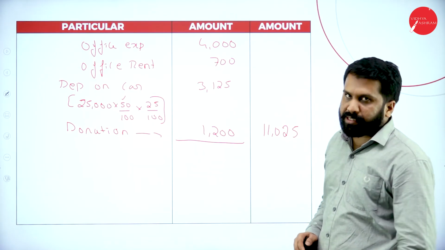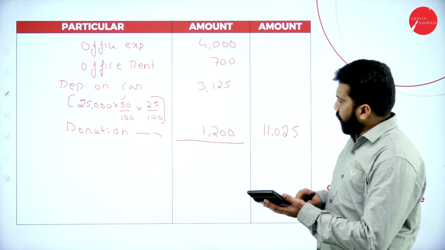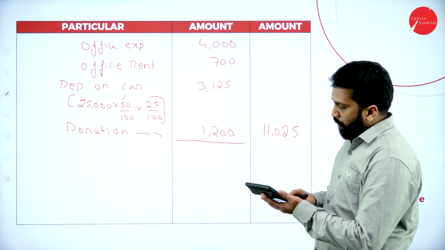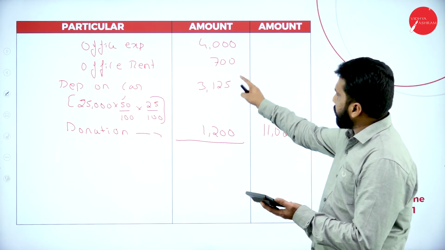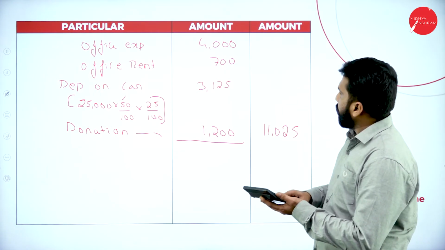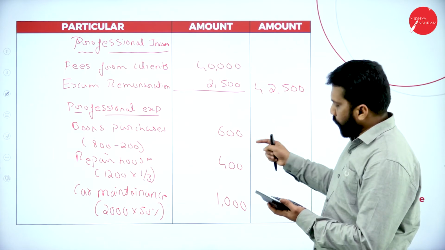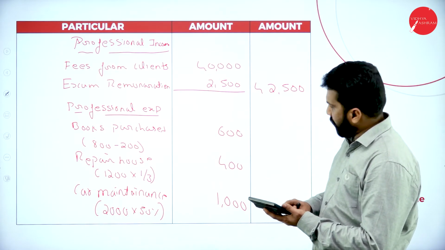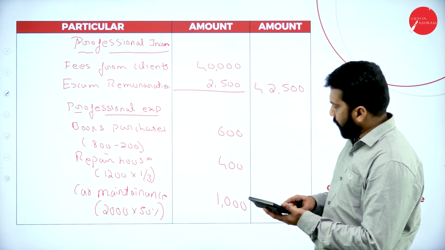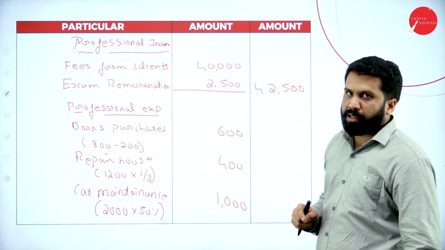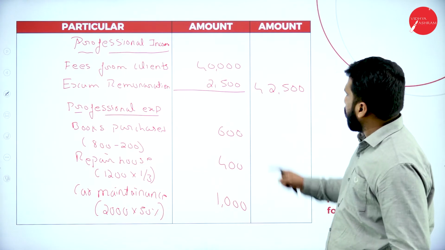I'll check it once again. So we have 1,200 plus 3,125 plus 700 plus 4,000, and we have 600, we have 400, we have 1,000. Total I got 11,025. It is proper.